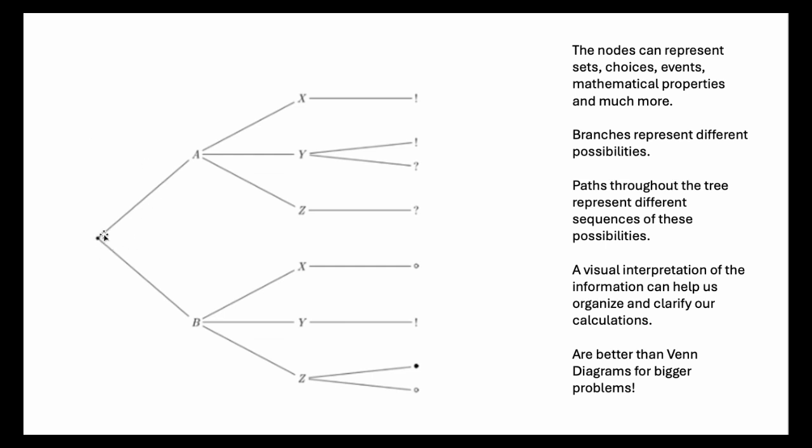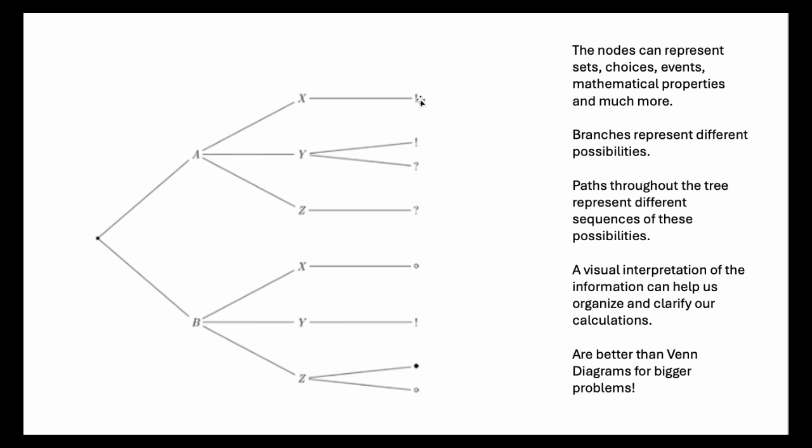So let me give you an example. Here is a tree. It's branching to the right. This is what we call the root node, the initial node. It means that in this position you have two options. You can go with A or B. And if you go to A, then you have three other possibilities: X, Y, Z. If you chose the path of going to A and then to X, you have another possibility, which is exclamation mark, right?